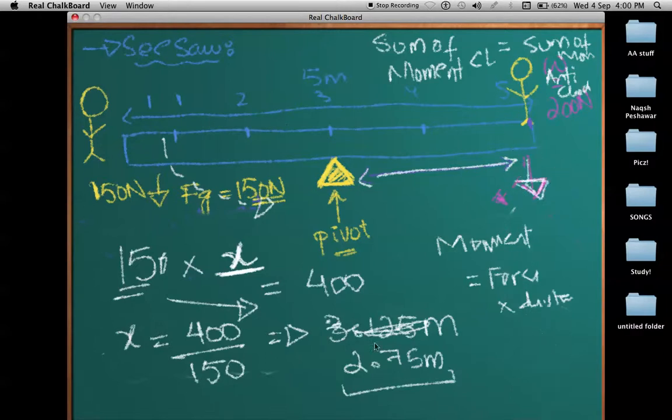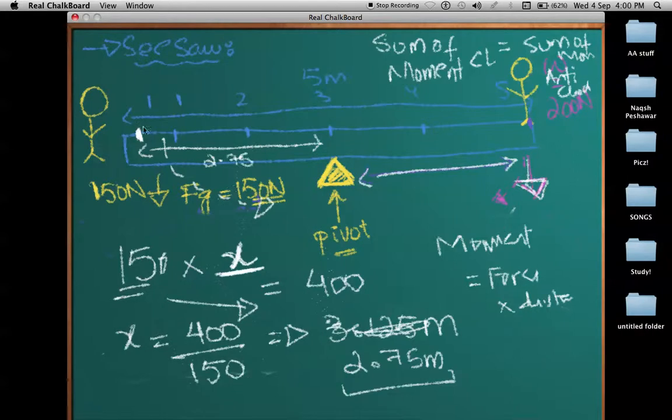So if I have to balance his moment, or to bring this seesaw to equilibrium, a stable position, I will have to sit on the left hand side of the pivot at a distance of about 2.75 meters from the pivot. This is 1, this is 2, and somewhere around here it has to be 2.75.